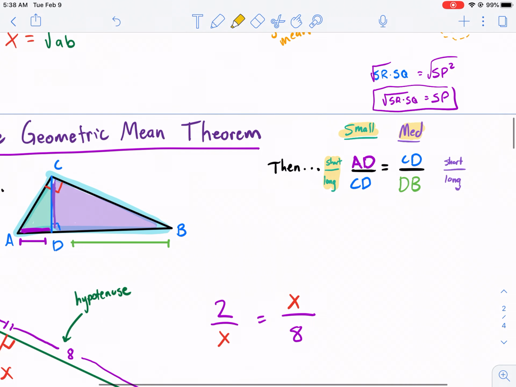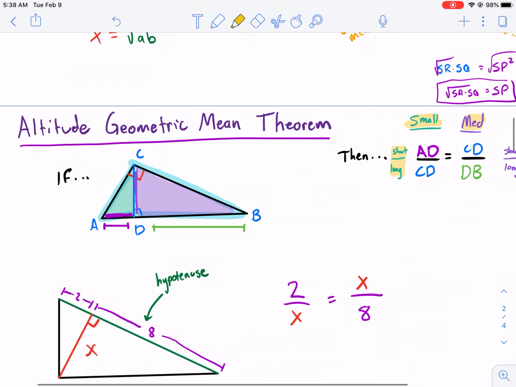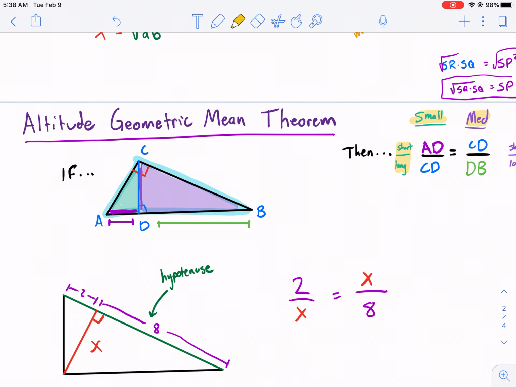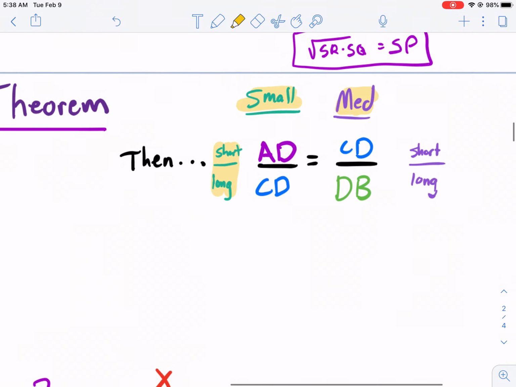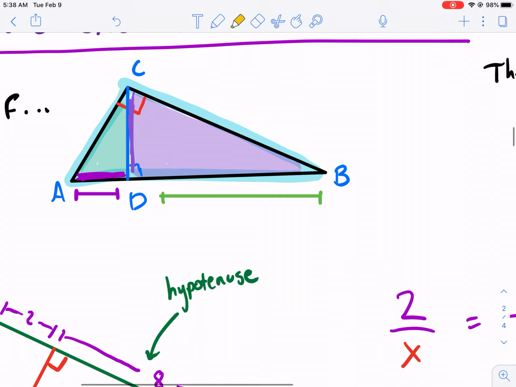So if you're ever comparing the small and medium triangles, you're always comparing the short and long sides, because that's all they have in common. That is a key thing to remember. Notice how they don't have the hypotenuses in common.